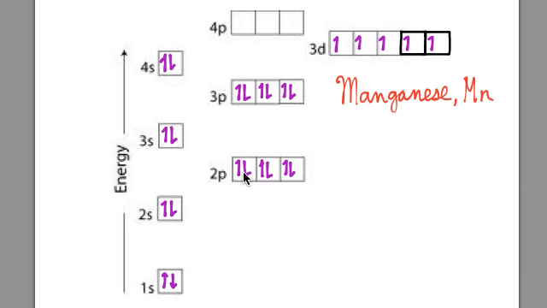1s2, 2s2, 2p6, 3s2, 3p6, 4s2, 3d5. And 3d5 is indeed manganese. So notice how I spread them out before I paired any of them up.